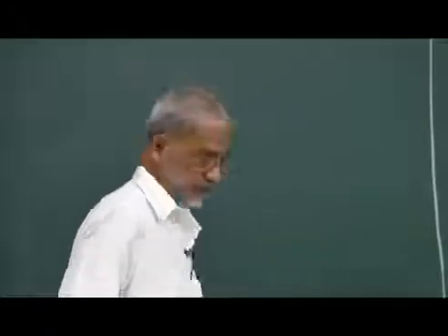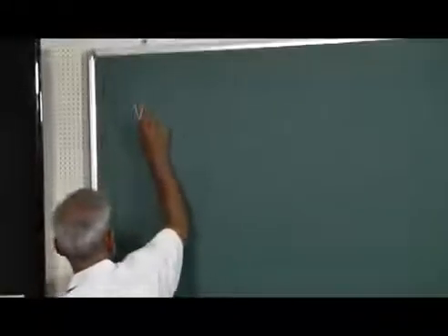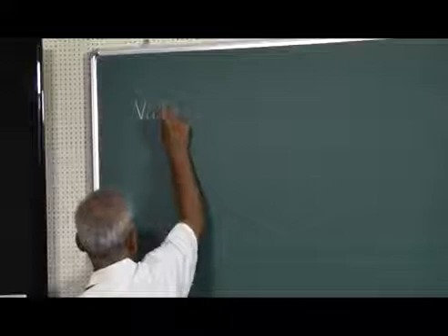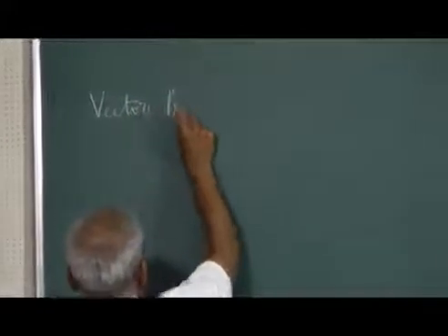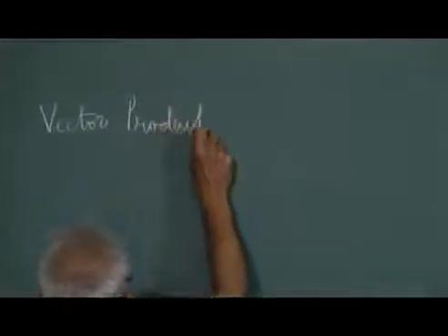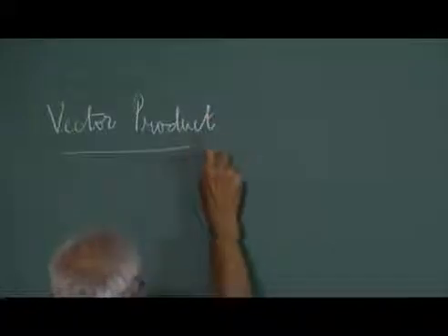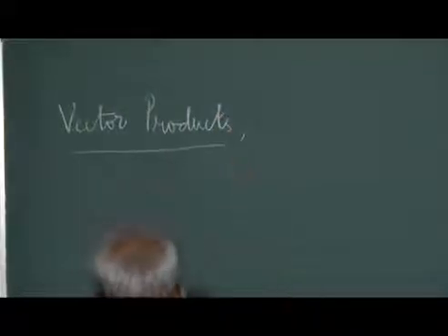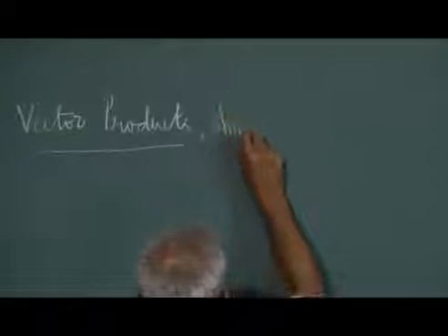In today's topic we are going to consider the vector product, which is, when we have two vectors a and b, the cross product between these two vectors. We need this vector product and angular velocity.